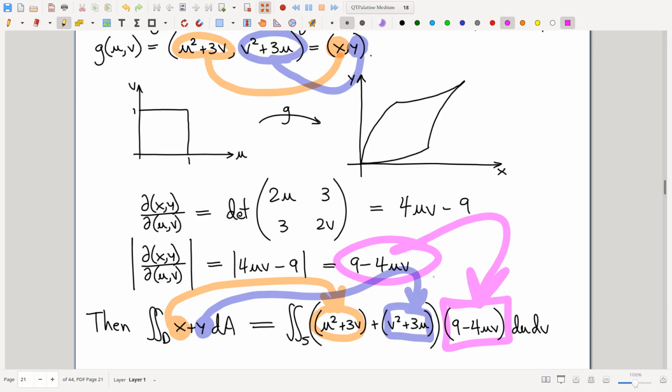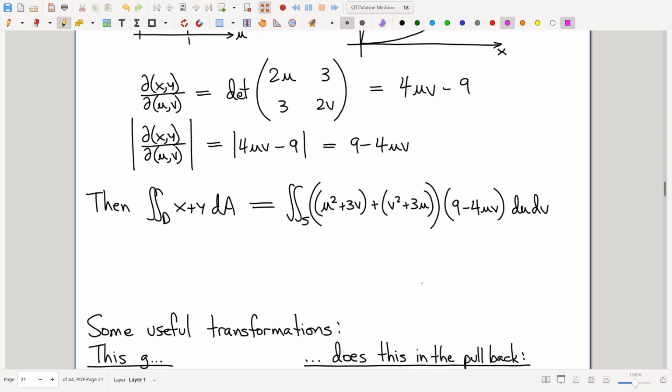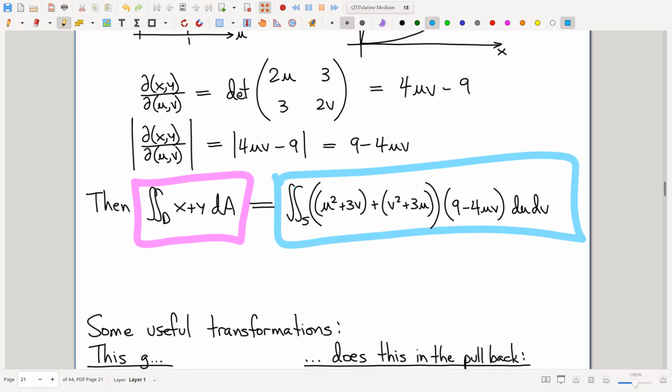Now, I remind you, at a glance, it doesn't look like a win, right? If you're just looking at the algebra and you're looking at the choice between this integral versus that integral, well, the one on the right looks harder. That's an illusion. It's just a polynomial. This is actually a pretty easy integral. There's not that much to it. More important point is the domain is the unit square.